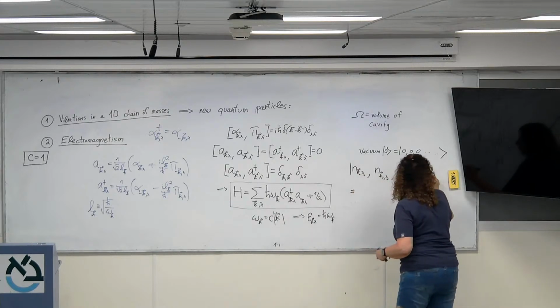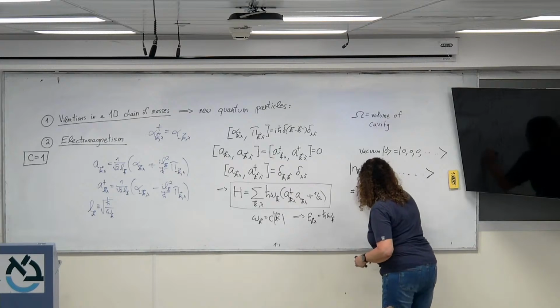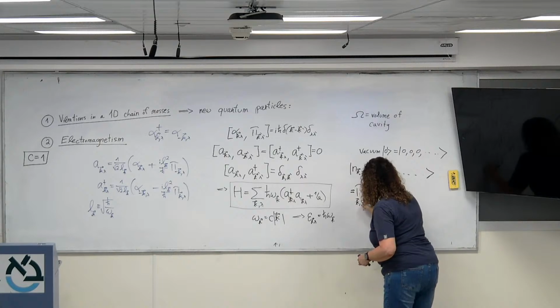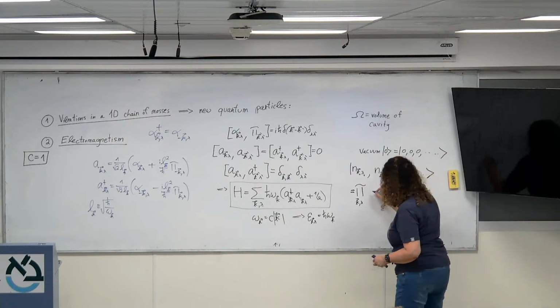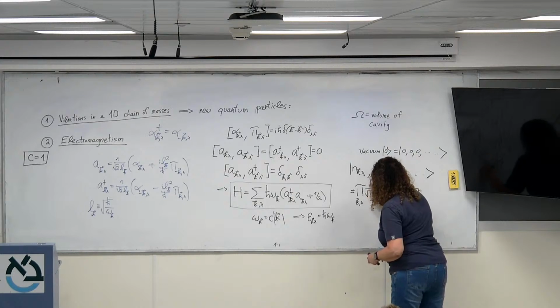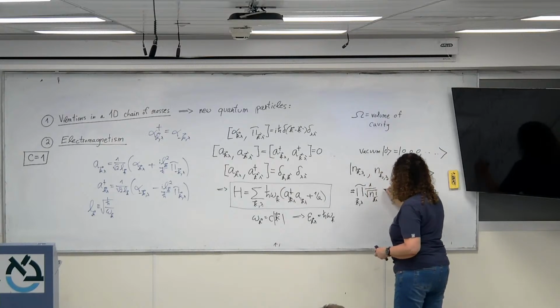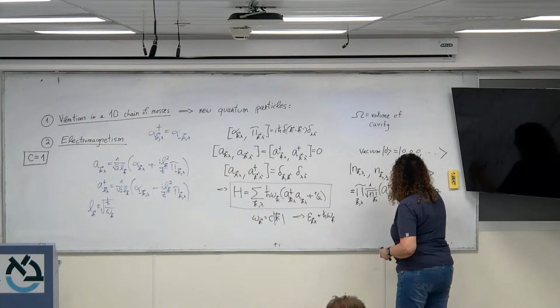This state can be written as a product over the k's and lambdas represented in this string of occupations, of a normalization factor, one over the square root of n_kλ factorial, times a†_kλ to the power n_kλ.